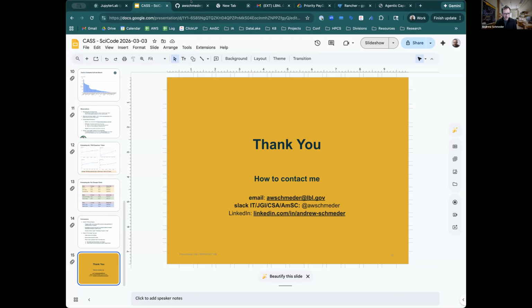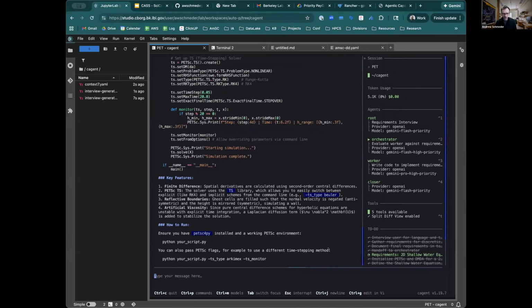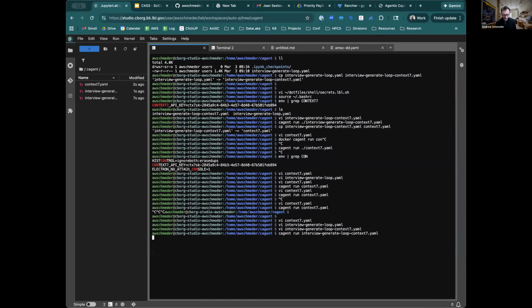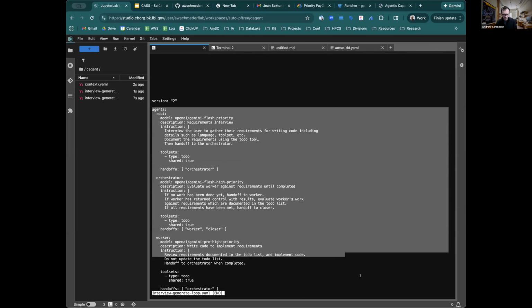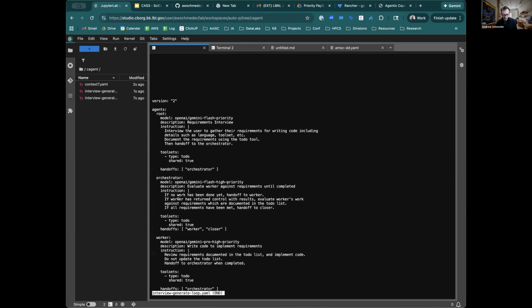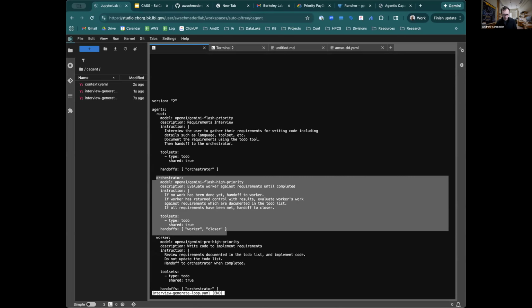If there's just a little bit more time, I will show a quick demo of something I've been playing around with. This is just some ideas on where things are going with agentic code development. This is a definition of a multi-agent system written out in YAML.